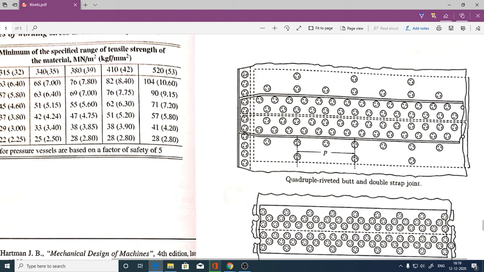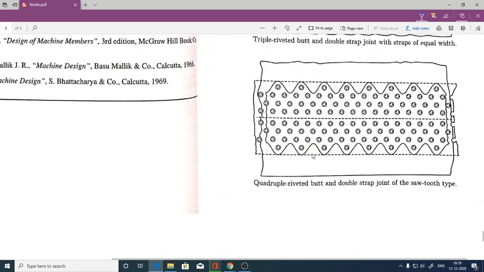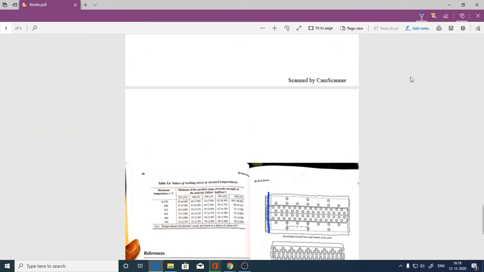Now just look out here. Here you have continuous rivets. Now this is what a lap joint, which is going to be connected to the circumference of the other cylinder, right?